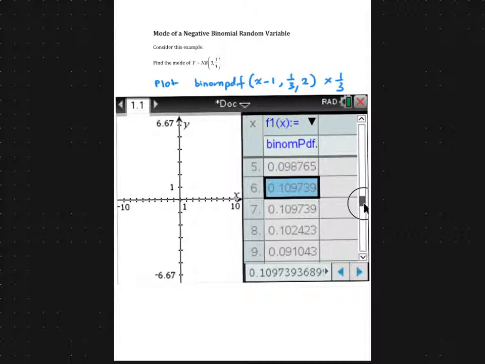Since 0.109739 is the highest, therefore x equals 6 and x equals 7 are the modes because they share the same highest probability of 0.109739.